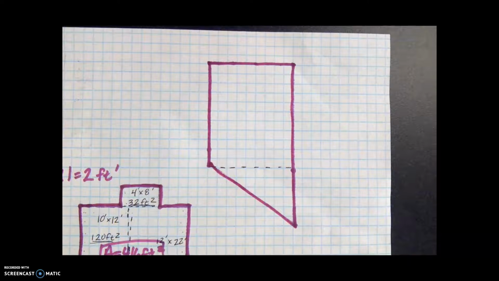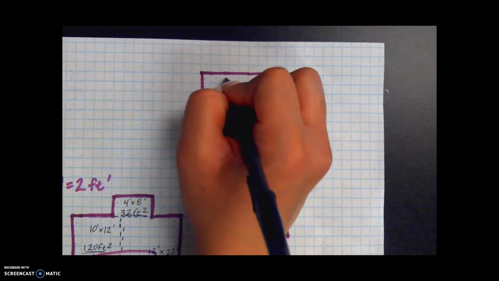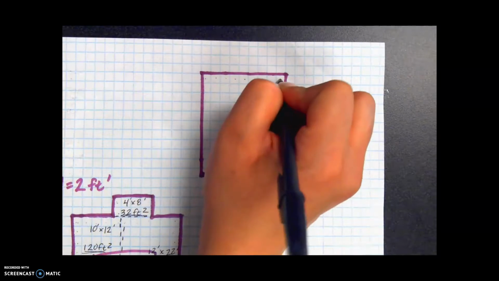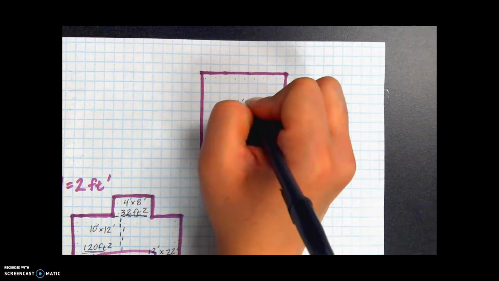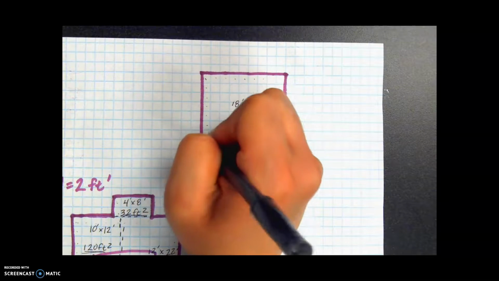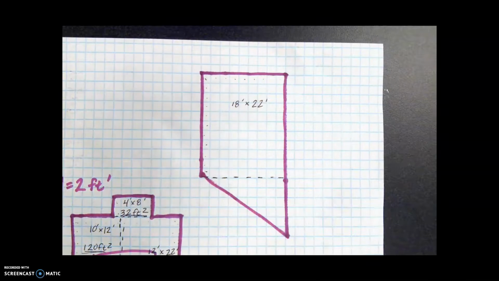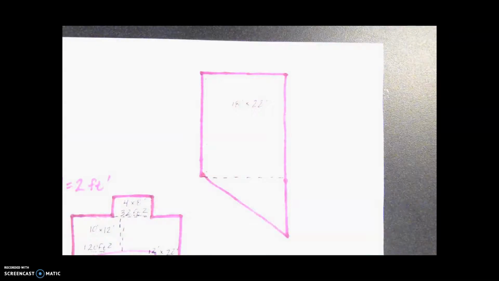All right, and I'm going to keep my 1 square equals 2 feet. 2, 4, 6, 8, 10, 12, 14, 16, 18. This is 18 feet by 2, 4, 6, 8, 10, 12, 14, 16, 18, 20, 22. So I've got an 18 by 22 foot room.